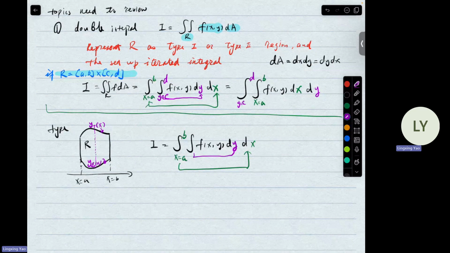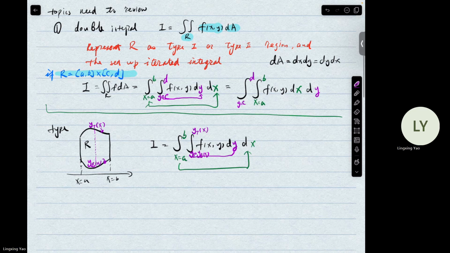But then for the interior variable y, the lower limit is determined by y sub b of x, and the upper limit will be given by y sub t of x.